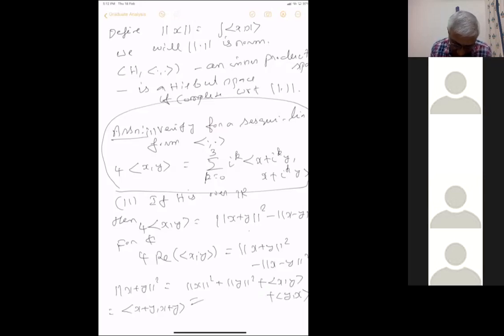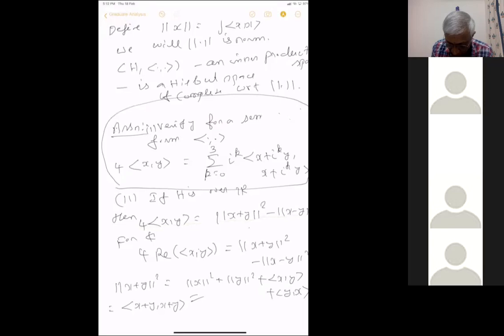Sorry, this is not for a sesquilinear form, this is for an inner product. I'm sorry, this is for a semi-inner product, where we use the conjugate property.